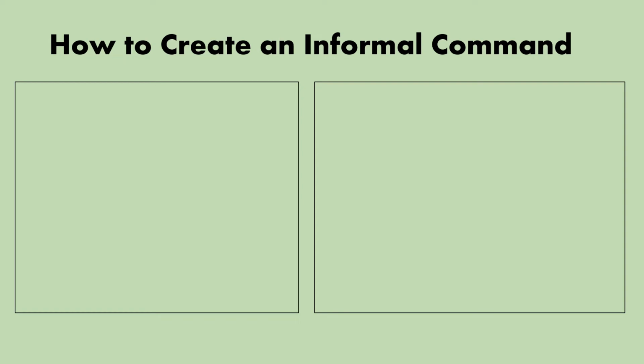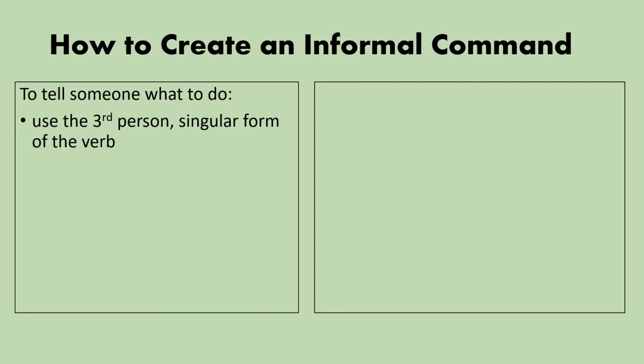All right, so how to create an informal command. These are the steps to making the command be spelled correctly and making sure you're saying it correctly. When you give a command, you can either tell somebody what to do or you can tell somebody what not to do. So the first thing is, how do you create a command to someone informally telling them what to do?